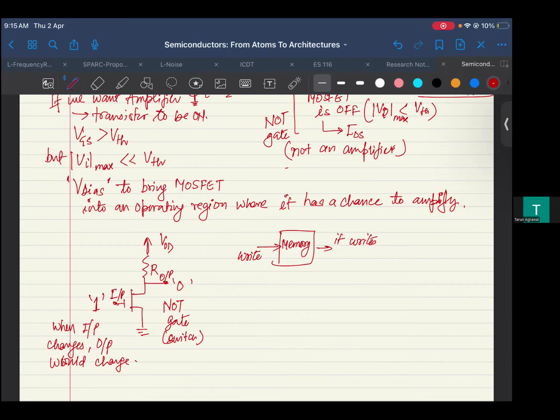When I want to read, then it gives me the stored data, right? So even in reading, I'm applying a signal, right? Inside, there are certain voltages I'm applying, which should not change the state, but it gives me the stored state. Now the question is, how do I store the state?